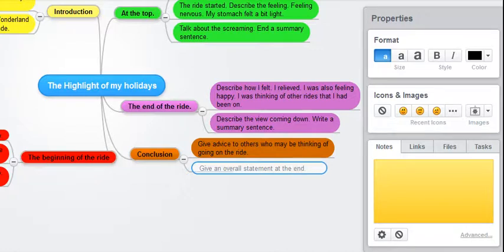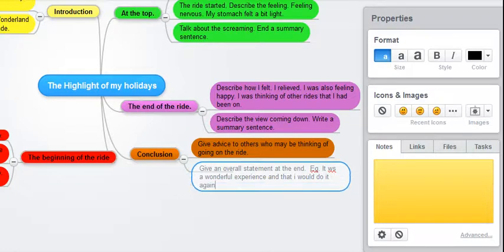Now this statement could be, for example, it was a wonderful ride, a wonderful experience, and that I would do it again. Okay, let me fix this up a bit.